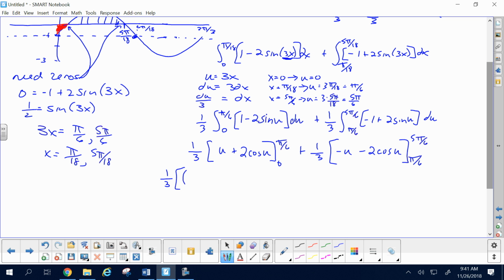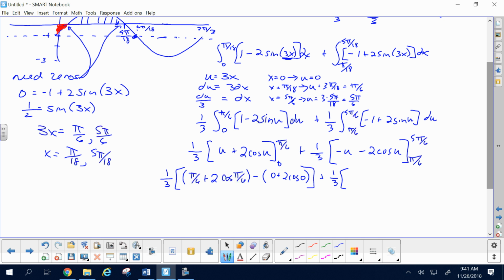So we're subbing in here. 1/3 of, when pi over 6 goes in, I have pi over 6 plus 2 cosine of pi over 6. That needs to be in parentheses. When 0 goes in, I have 0 plus 2 cosine of 0. You follow? Okay, plus 1/3.